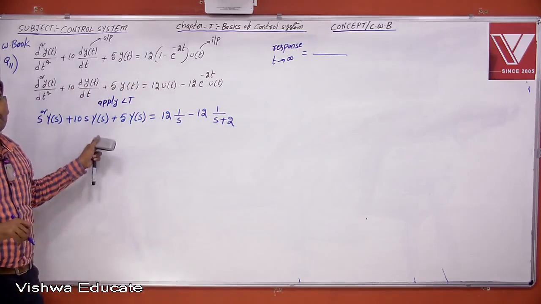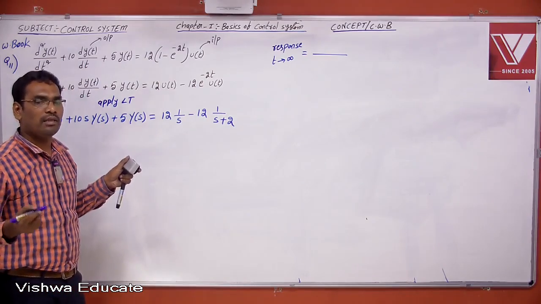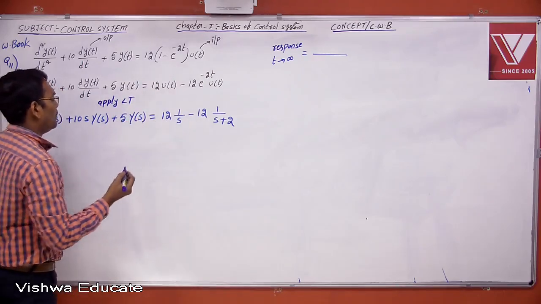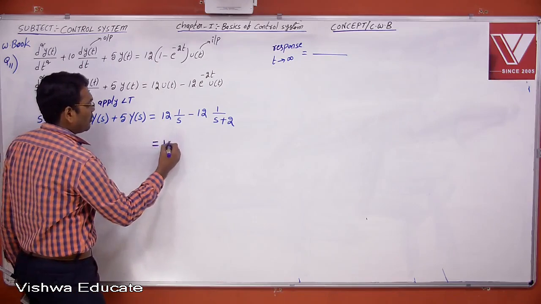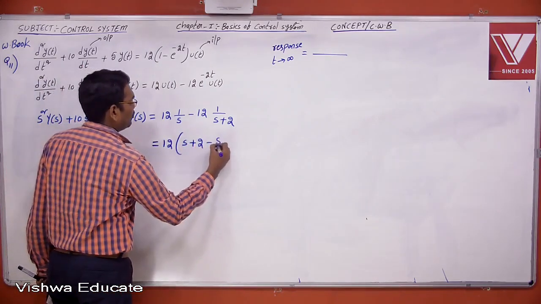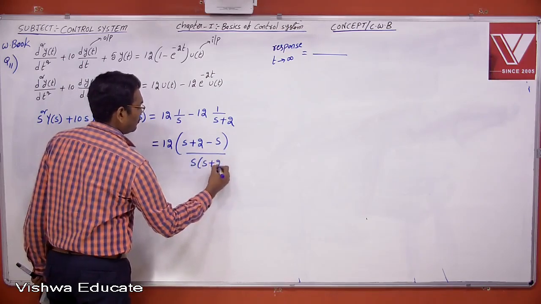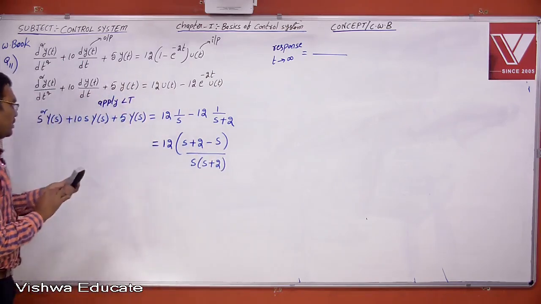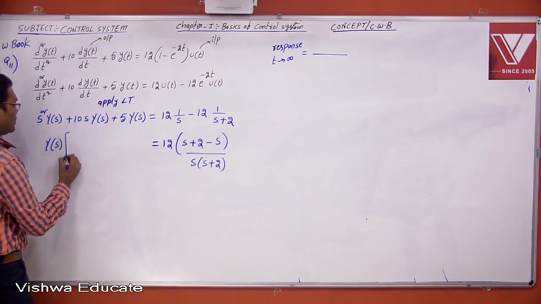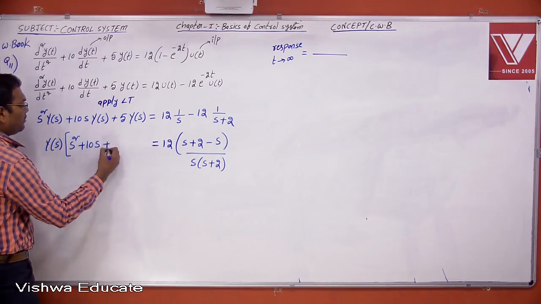In the frequency domain, the mathematical analysis is simple. In the frequency domain, we can easily solve the question. That's why I converted from time domain to frequency domain. Therefore, if I take 12 as common, I'll take the LCM: s plus 2 minus s by s into s plus 2. And if I take y of s as common, s square plus 10s plus 5.